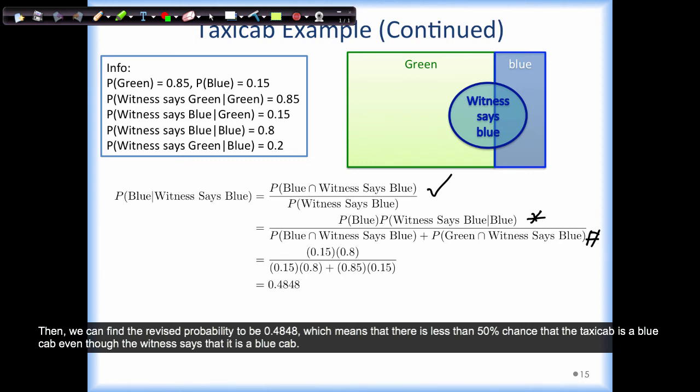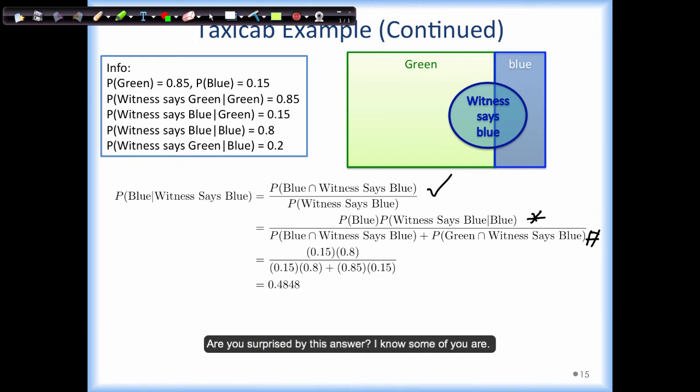Then we can find the revised probability to be 0.4848, which means that there is less than 50% chance that the taxicab is a blue cab, even though the witness says that it is a blue cab.